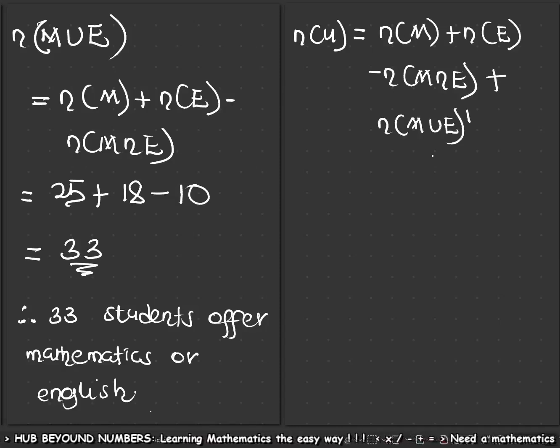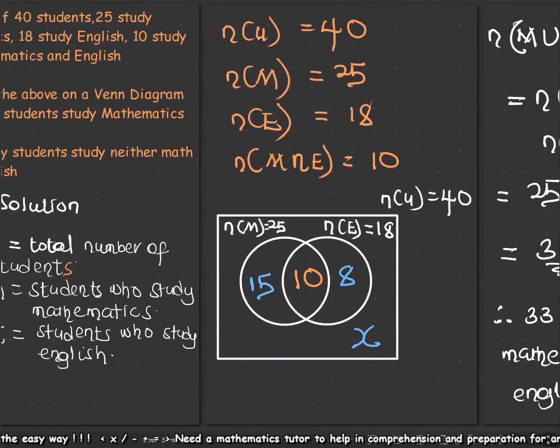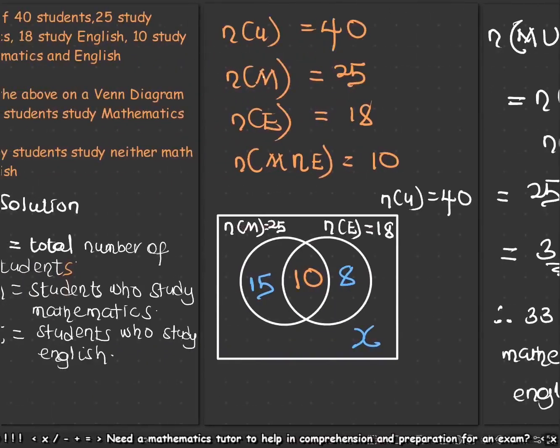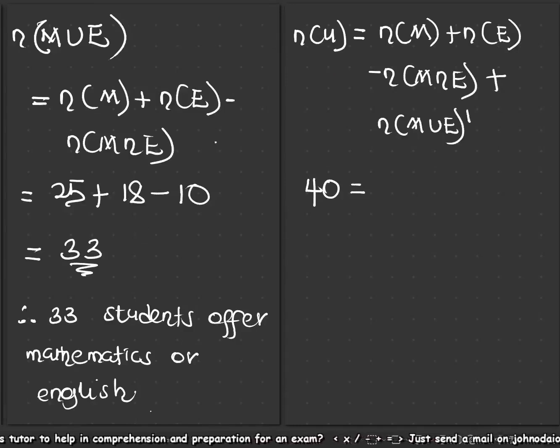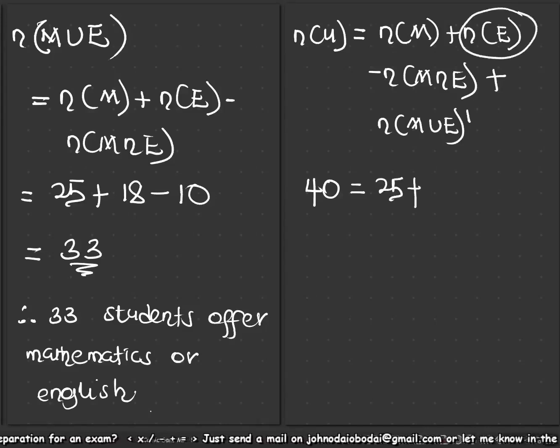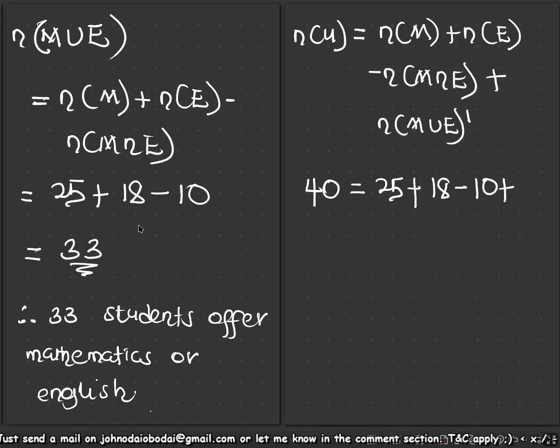You get it? And substituting our values, we have the number of elements in U. Remember from our parameters, we said the number of elements in U is given as 40. So we have 40, which is equal to the number of elements in M, or number of students who offer mathematics, 25, plus number of students who offer English, which was 18, minus the intersection, which was 10, plus the complement.